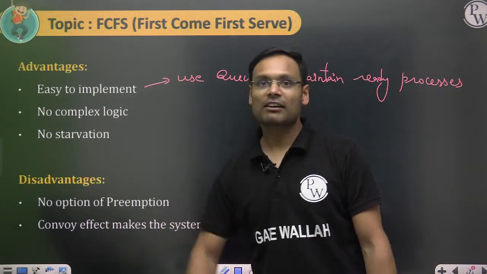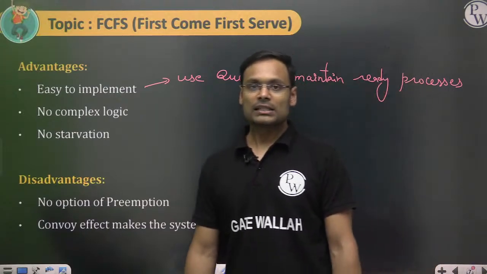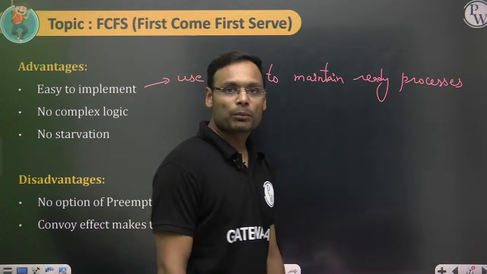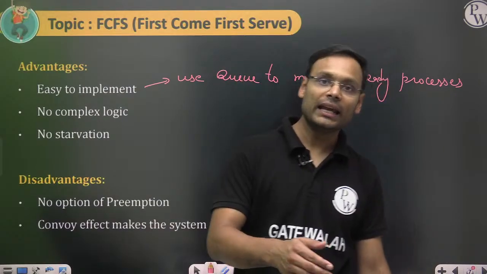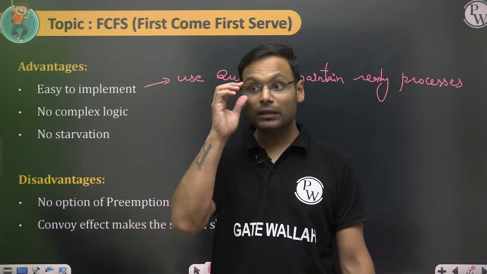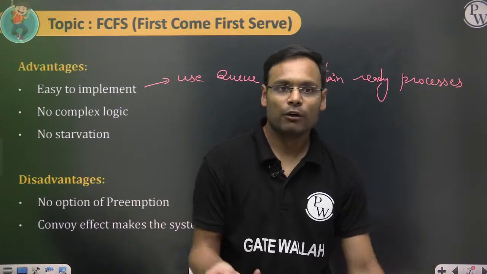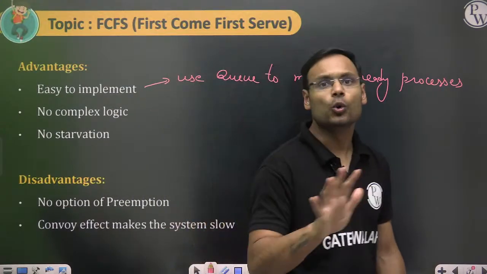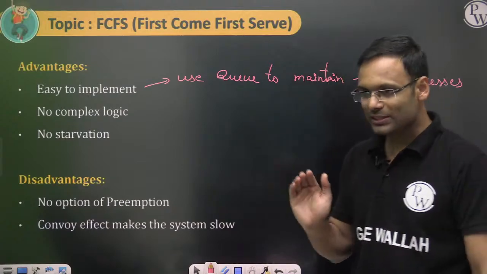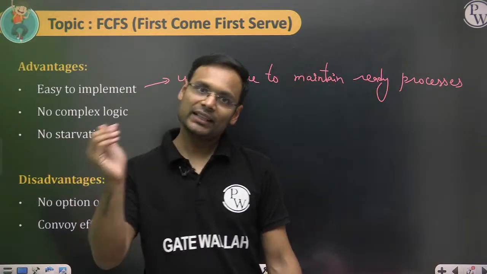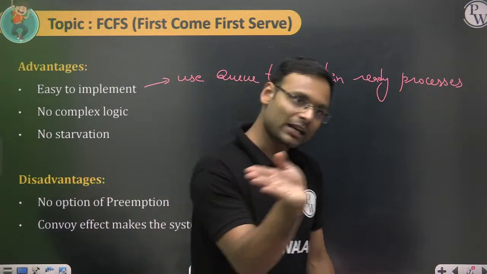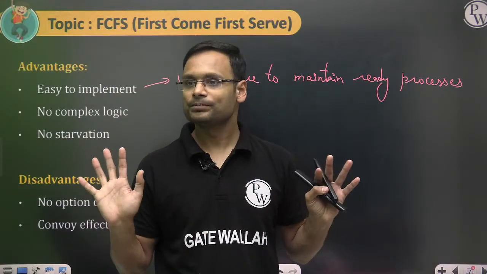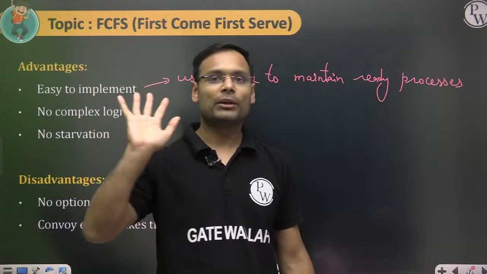I'm talking about starvation of the processes. Starvation of processes means, is there any possibility that a process will wait for an indefinite time? Indefinite means not a fixed time. For how much time will a process have to wait to get the CPU? Is there any chance? No. Why? If a process has arrived, it will be added in the queue. Before that, all the processes will run, and then after that, this process's chance comes. No problem at all.